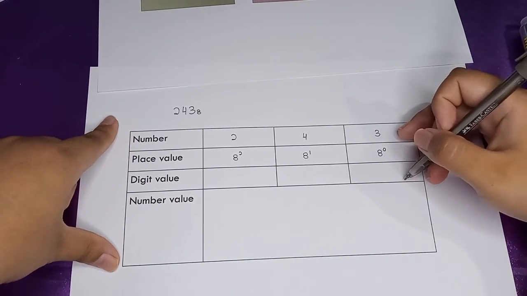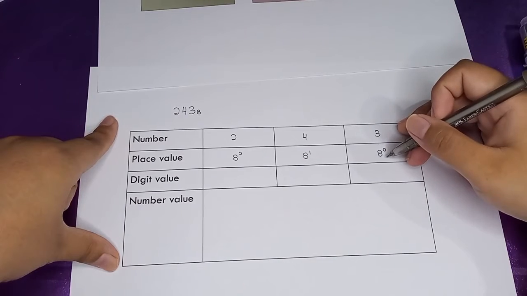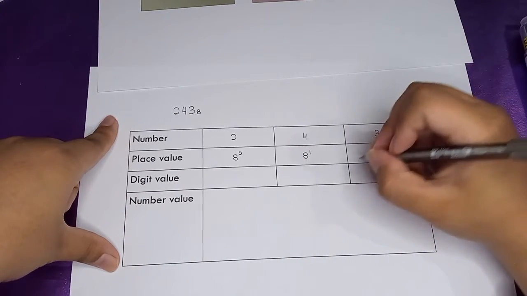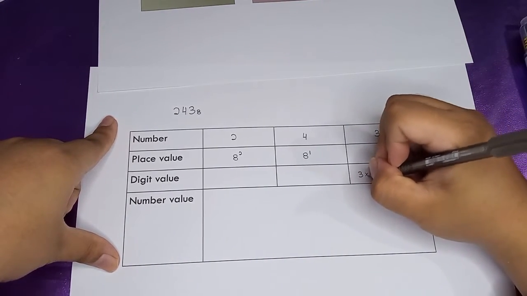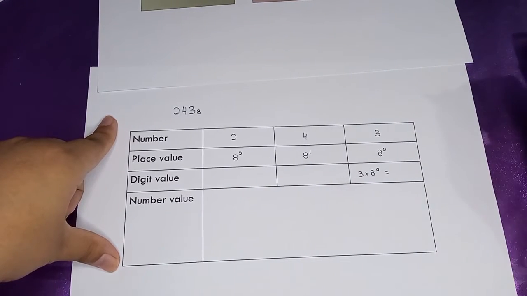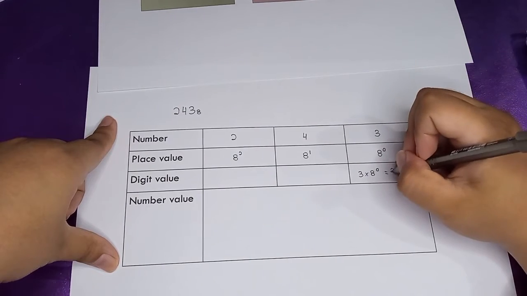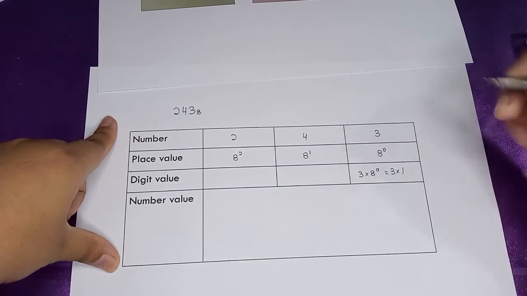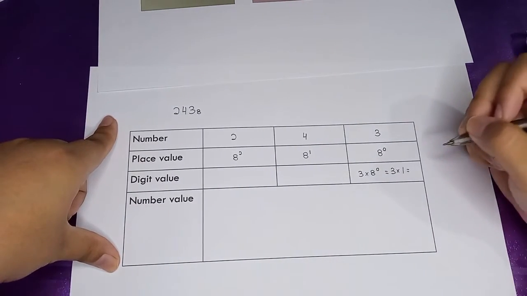Okay, for the most right, 3 times 8 power of 0. 3 times 8 power of 0 is equal to 3 times 1, which equals 3.